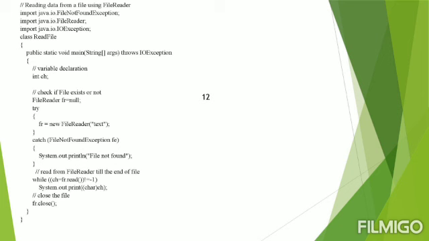The characters will be read by using a while statement till the end of the file, and correspondingly the output will be displayed by using the variable ch. And last but not the least, we are closing the file by using the object fr.